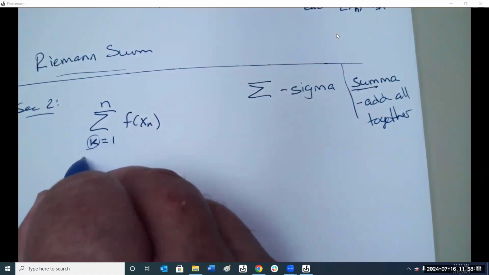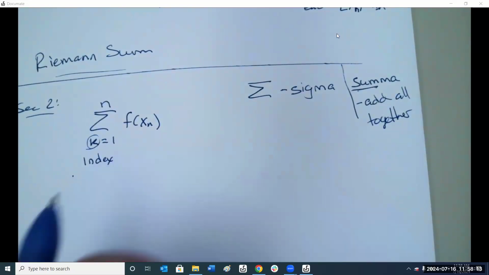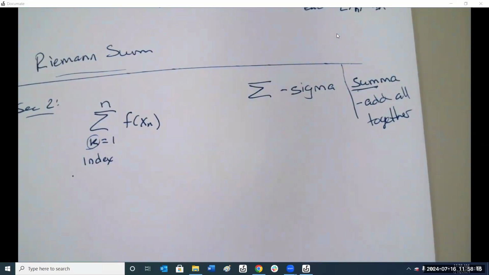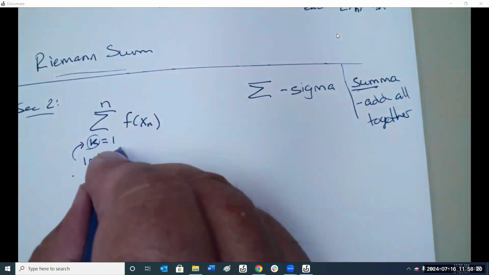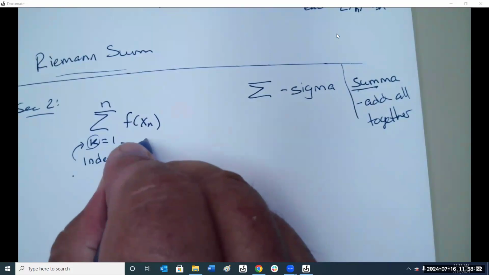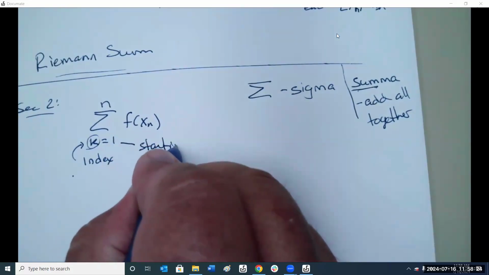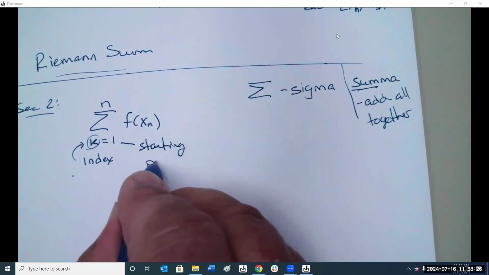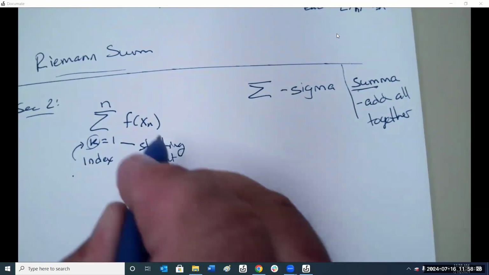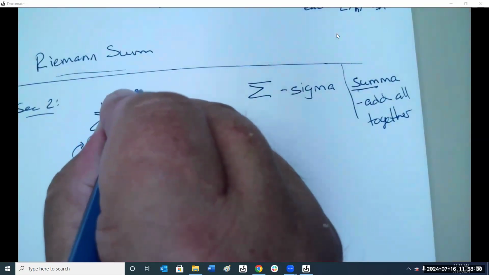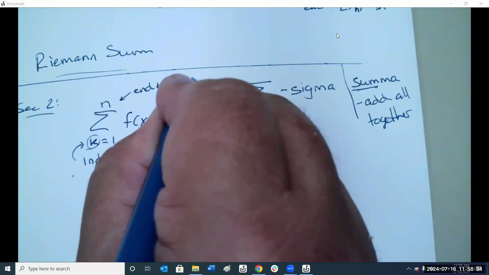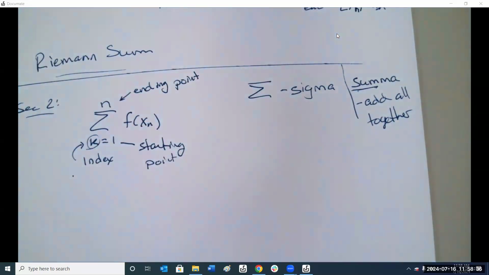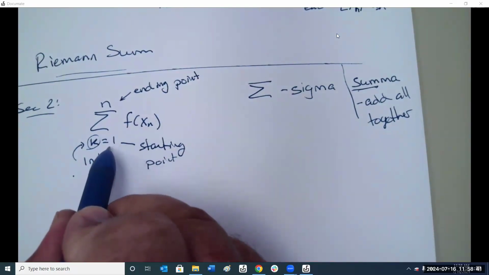This is your index. This is your starting point, starting value. And this is where you end, or the ending value. It doesn't have to start at 1.